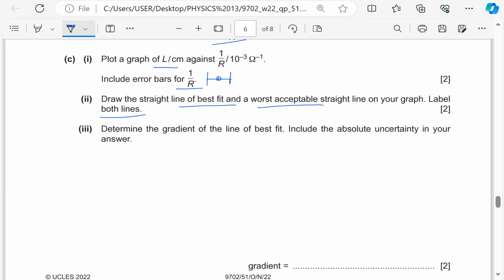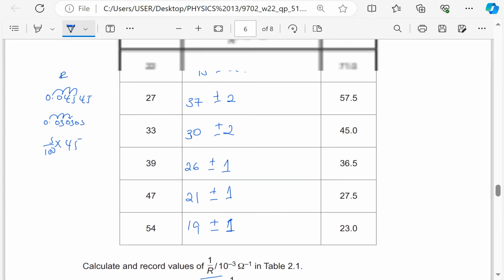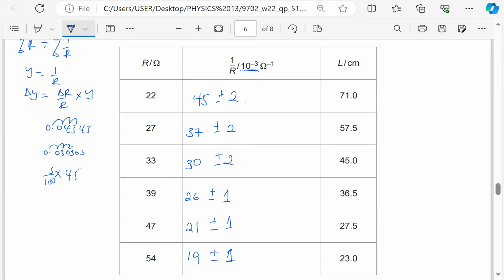Determine the gradient of the best fit, include the absolute uncertainty. So we're going to find the gradient of the best fit line. We shall find the gradient of the worst fit line, and we shall find the uncertainty by subtracting the two quantities. So I'll first write these values on my paper so that plotting becomes easy.